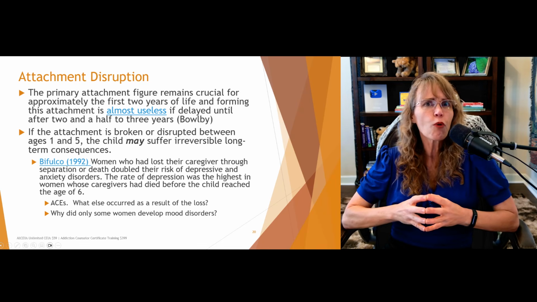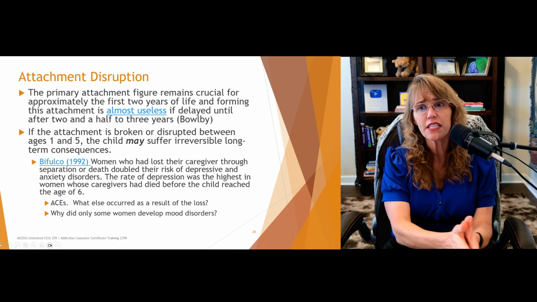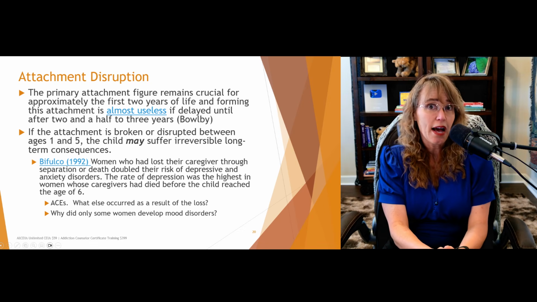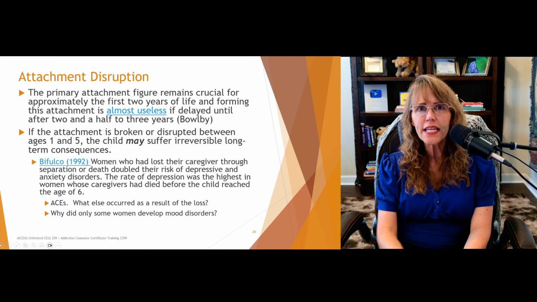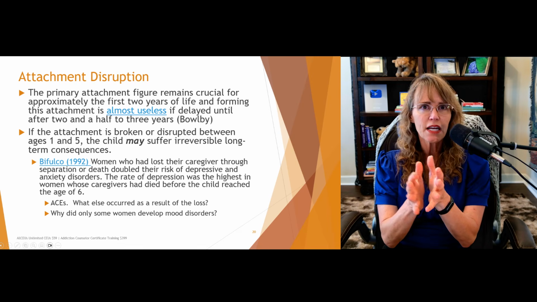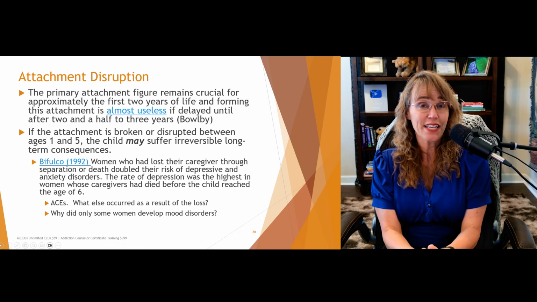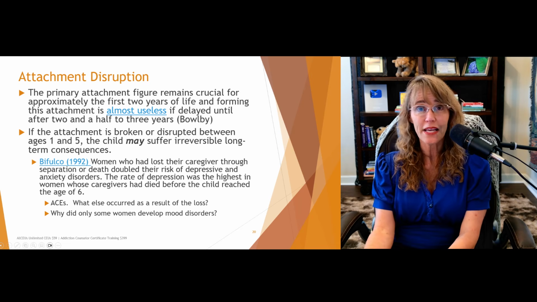And for this child, we've got to look and say, okay, after the caregiver died, what happened? Were they immediately met with a caring, responsive, attentive other person, whether it be a grandparent or their other parent or something?